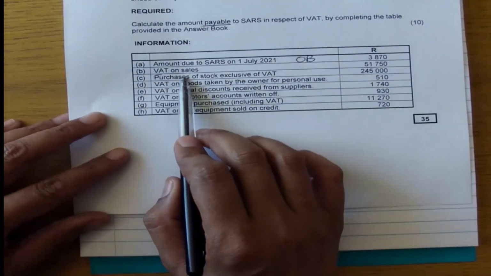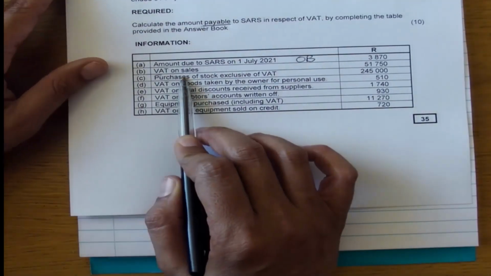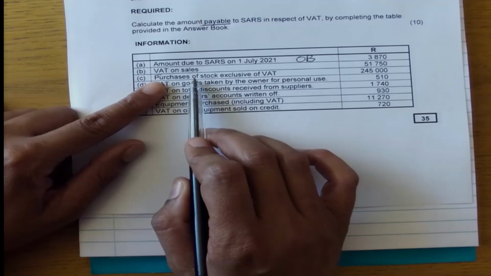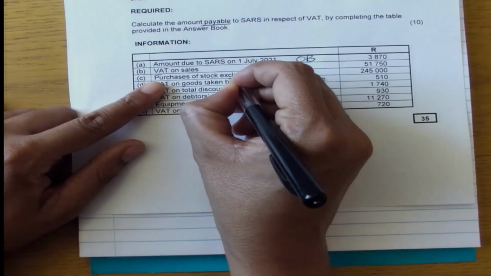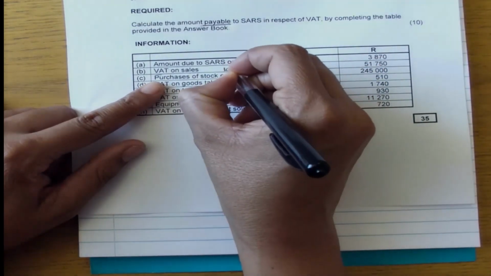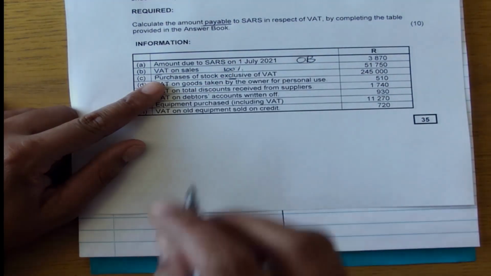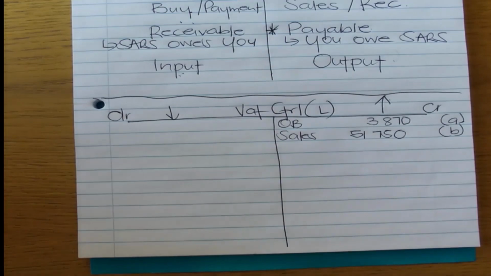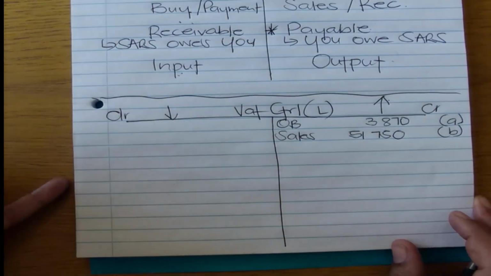C says purchases. We know that when you buy, you can claim. So it says purchases of stock exclusive. So this exclusive means it represents 100% of VAT. But we want the 15%. Now, for us to calculate it, there is a formula.